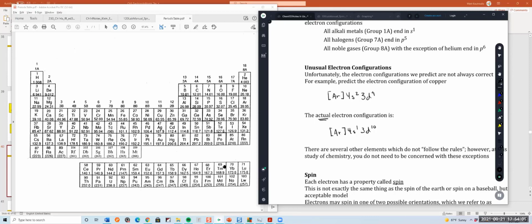So I don't want you memorizing any exceptions. There's no point in memorizing exceptions. If I asked you molybdenum, you'd say, my rules are krypton is where I start, and then krypton 5s2 4d4. Whether that's the actual value or not, I don't really care for right now. We can always look it up later if we need to know the actual one. But that's your best prediction.